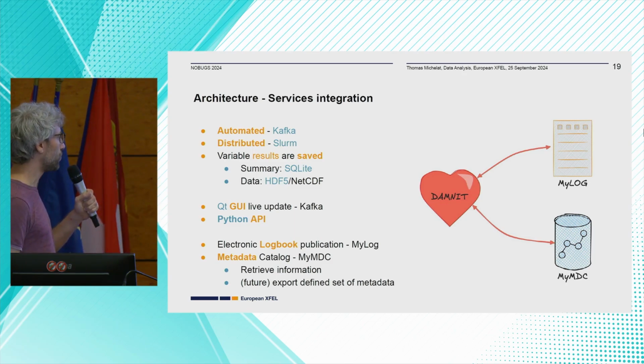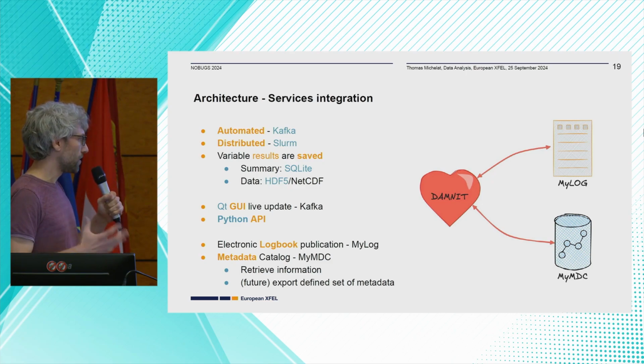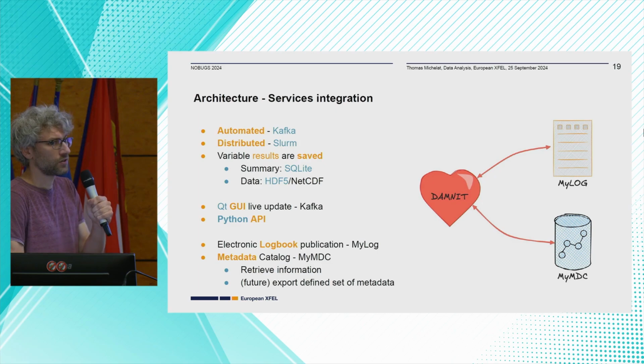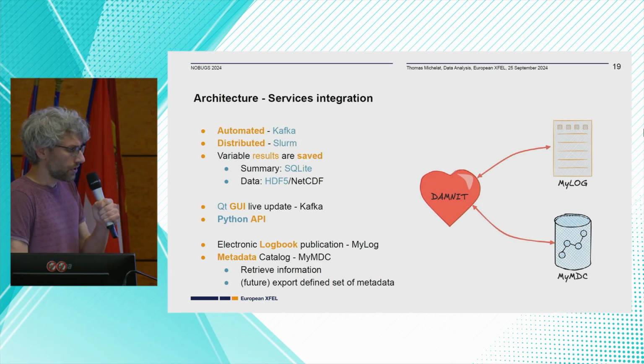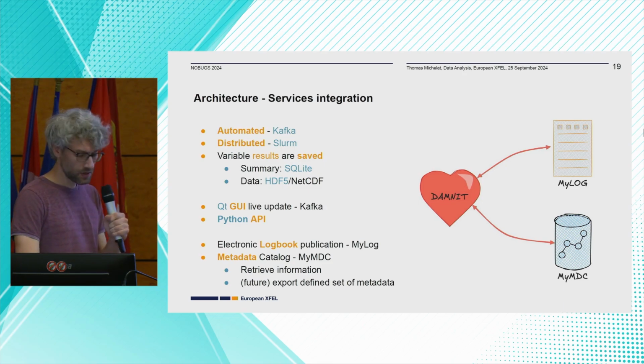We also aim to export a set of metadata specific to certain types of experiments into this metadata catalog, to be compliant with open and FAIR data and to increase searchability of the experimental metadata.